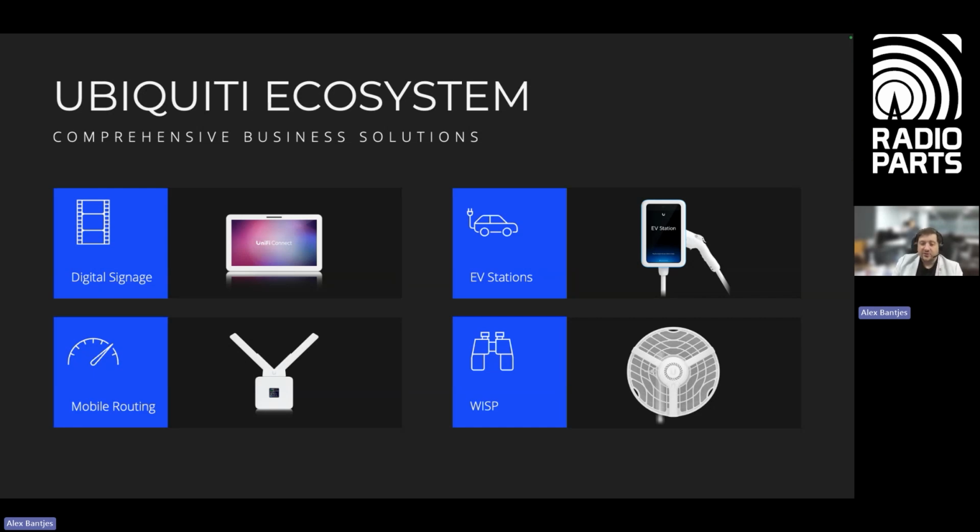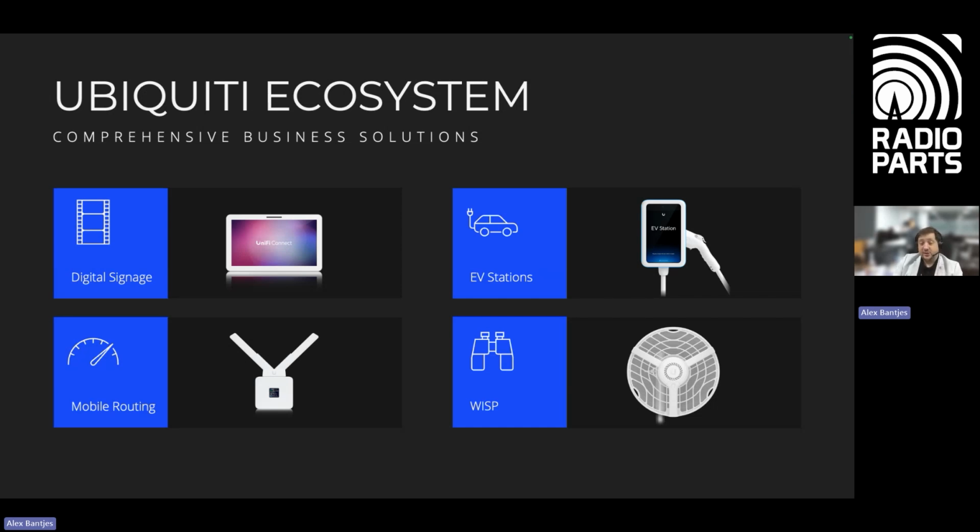Essentially the ruggedized version is going to allow you to connect 4G in remote areas and take advantage of 4G connectivity. Very cool product coming out on that front as well. And then EV stations, I think pretty much everyone does EV stations these days, although Ubiquiti is still quite unique in the way that they do their EV chargers.